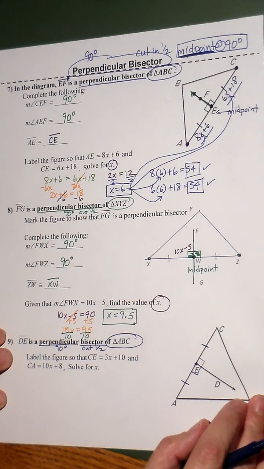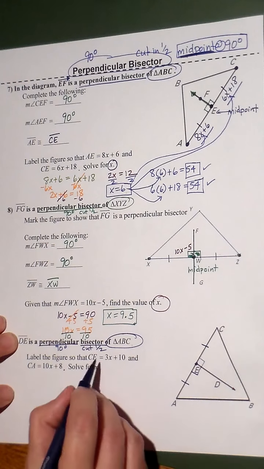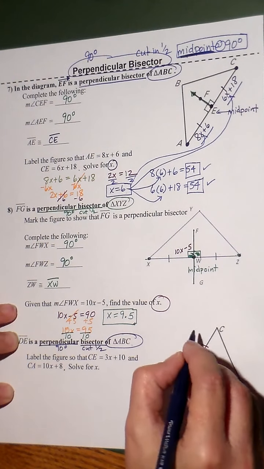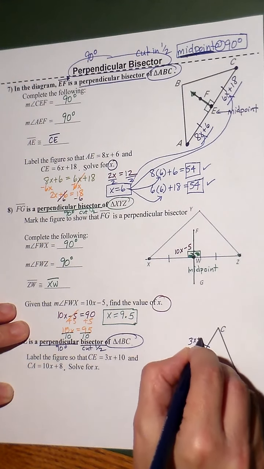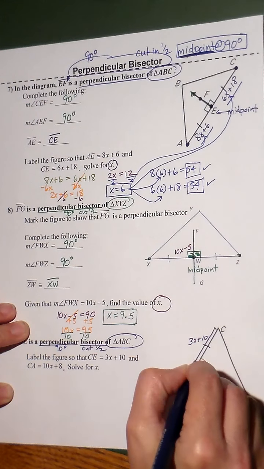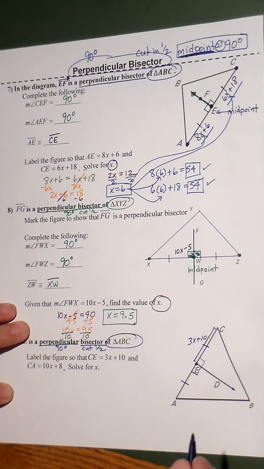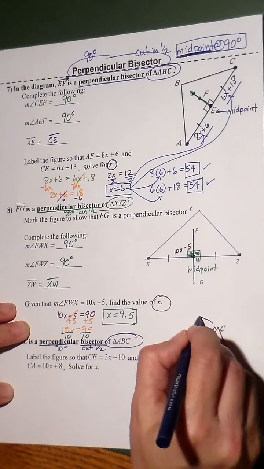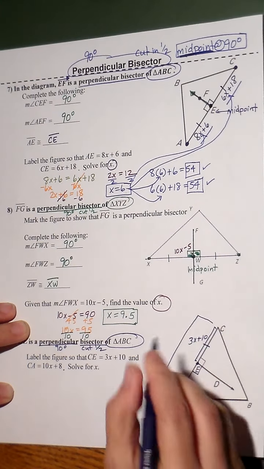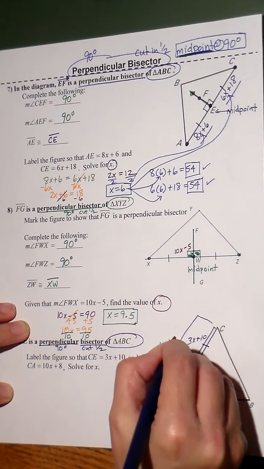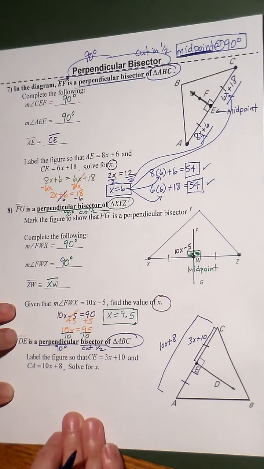So what I'm going to do next is label the figure so that CE is 3x plus 10. That's this one right here. CE is 3x plus 10, and CA is 10x plus 8. Oh man, they're getting pretty tricky, aren't they?